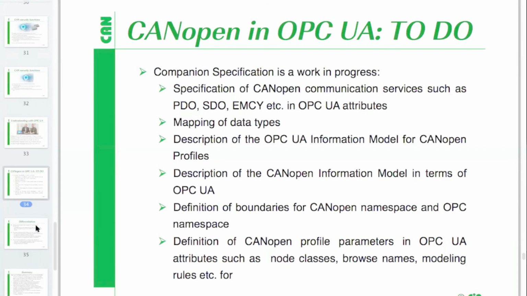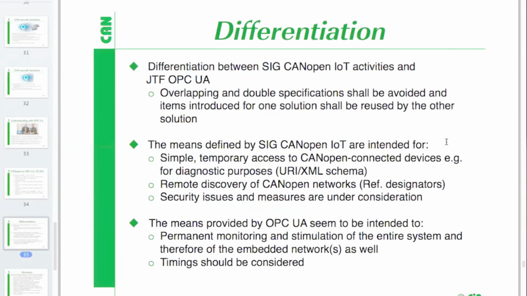If you're also interested more or less about this, you're welcome to be in this. We distinguish, however, between our activities, so we don't want to break any of our activities in this direction. So we say we do this completely independent, CANopen IoT and OPC mapping.